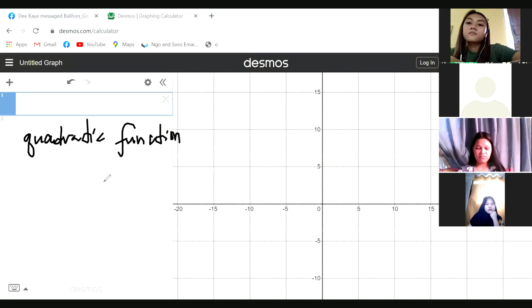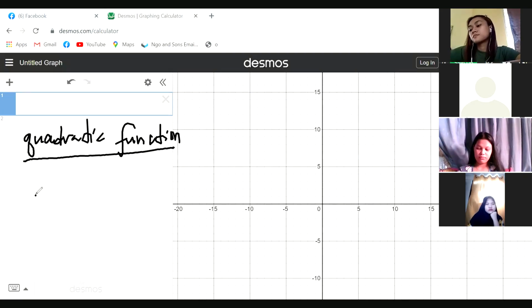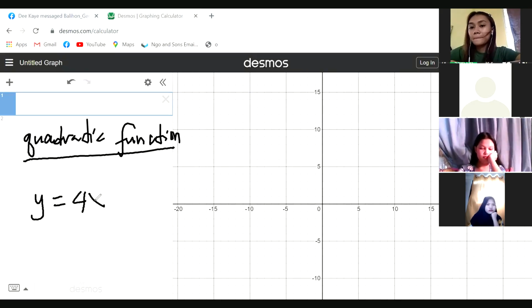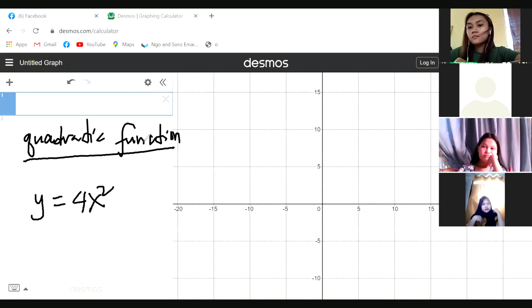Okay, if you say a quadratic function, the highest exponent is 2, right? So one example for that quadratic function is the parabola, for example y equal to 4x squared. But there are relations that are not functions but are still quadratic.